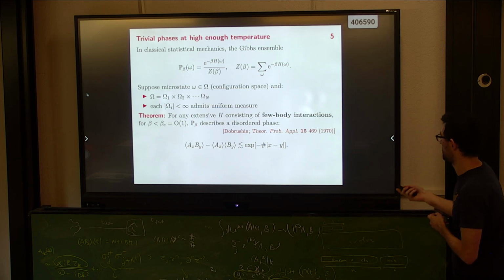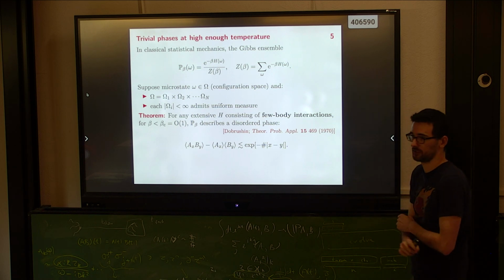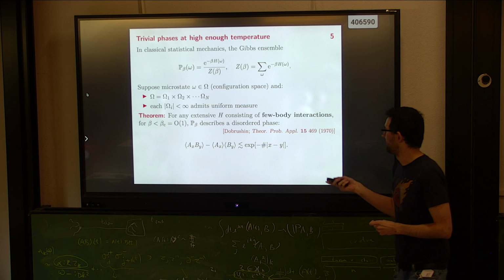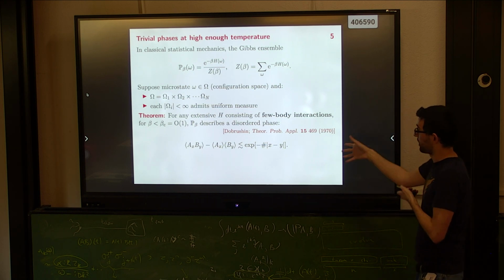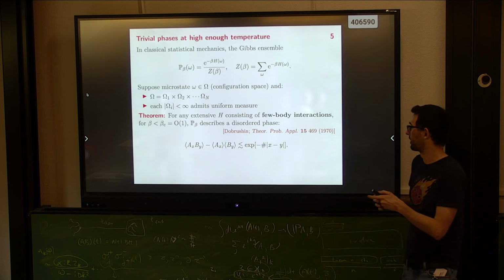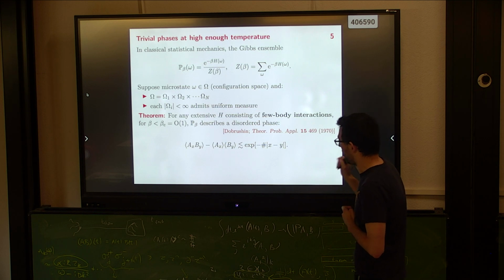One way you can think about this statement is that connected correlation functions will exponentially decay. Okay? This can perhaps be misleading depending on your community. You may think that in the ferromagnetic phase, for example, this would also be true, except exactly at the critical point. When I'm defining this here, though, that would not be true.